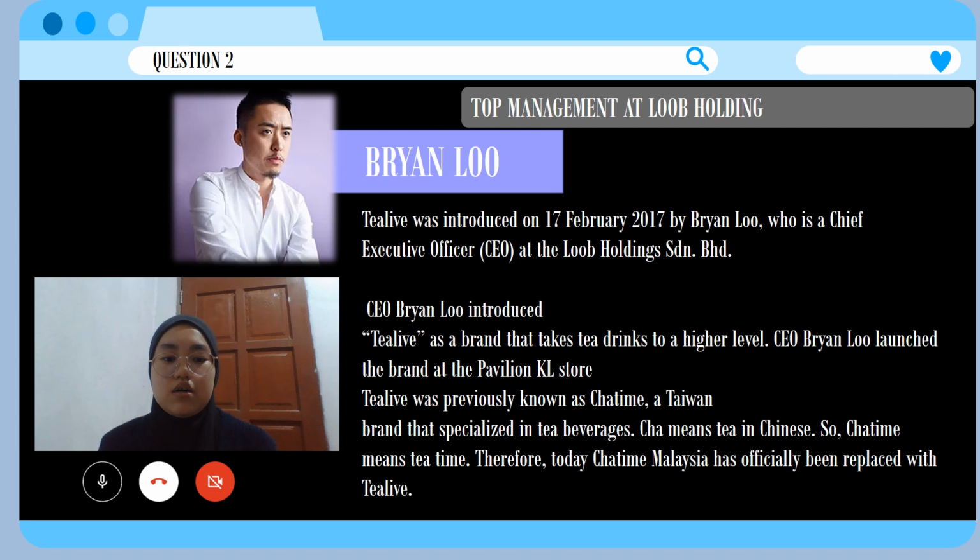Tealive was previously known as Chatime, a Taiwan brand specialized in tea beverages. Cha means tea in Chinese, so Chatime means tea time. Therefore, today Chatime Malaysia has officially been replaced by Tealive.